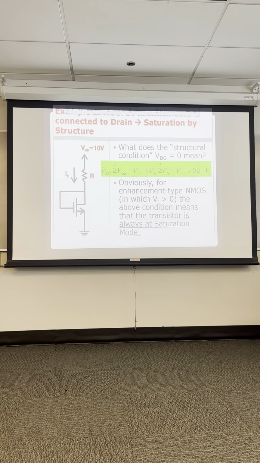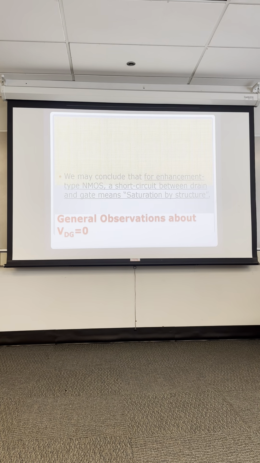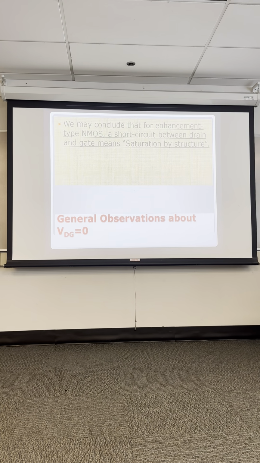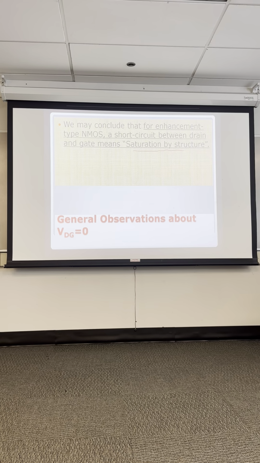This is called saturation by structure, the way it's actually designed. It's always in saturation. With the drain and gate equal, that's where we get this term saturation by structure. So we want to recognize that schematic.